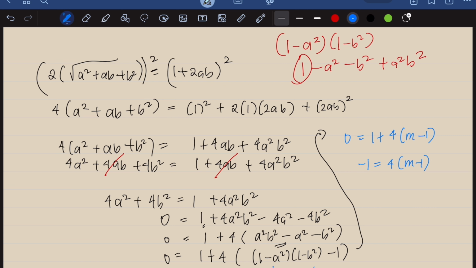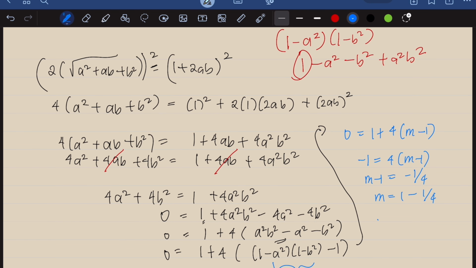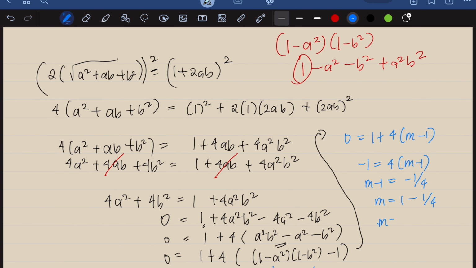Divide both sides by 4 to get m minus 1 equals negative 1/4. Add 1 to both sides to get 1 minus 1/4 on the right side. And so we get here m equals 1 minus 1/4 is 3/4. Therefore, the expression we're looking for is equal to 3/4, and that's our final answer.